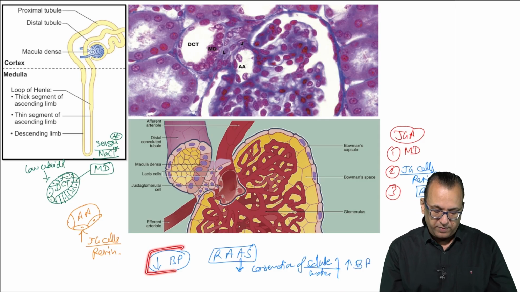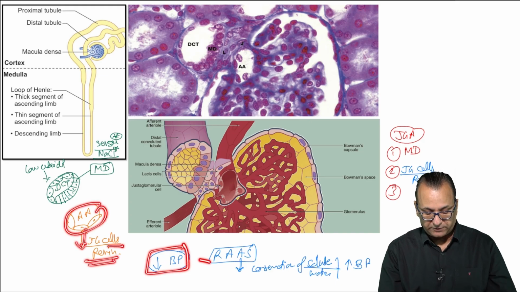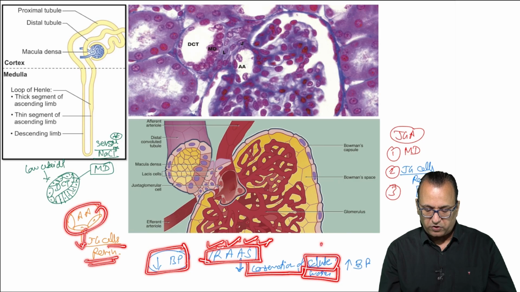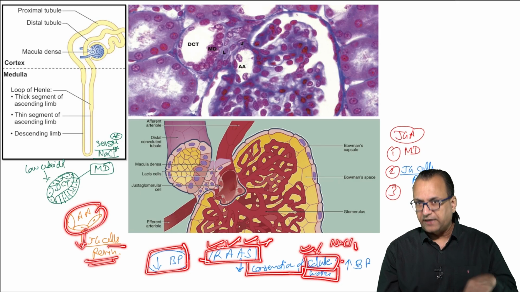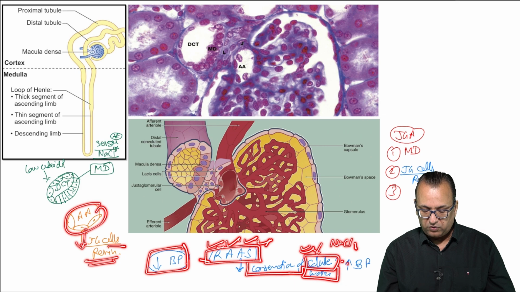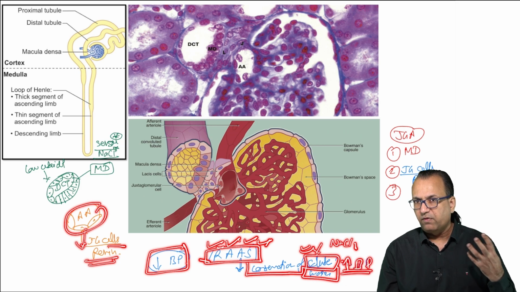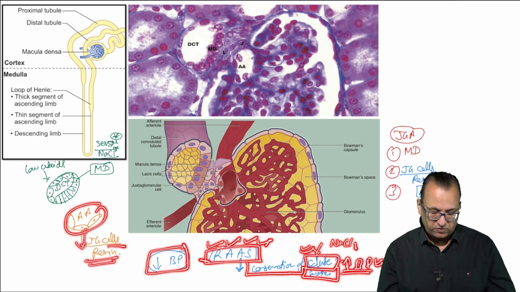We started with low BP, and the renin was secreted by the JG cell in the juxtaglomerular apparatus, and then the renin, angiotensin, aldosterone system, and then there was conservation of solute and water. Solute means sodium chloride, all that. So along with sodium chloride, secondarily water will be absorbed, and you can increase the blood pressure, you can increase the fluid volume of the body also using aldosterone.